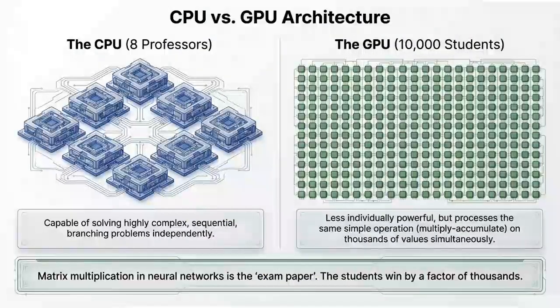When we are making a comparison between the CPU and the GPU, which is the central processing unit versus the graphics processing unit, it is actually the GPU that we use in training large language models, not CPUs.